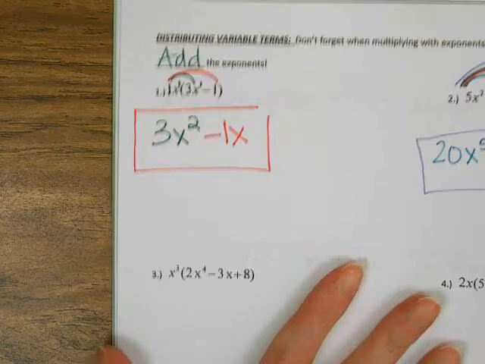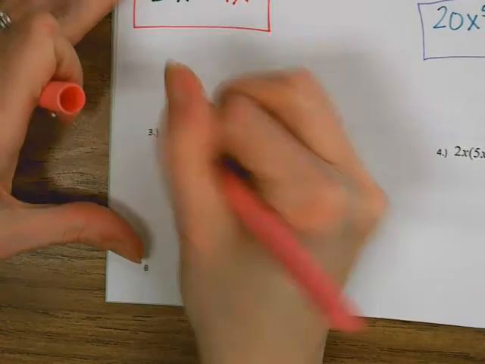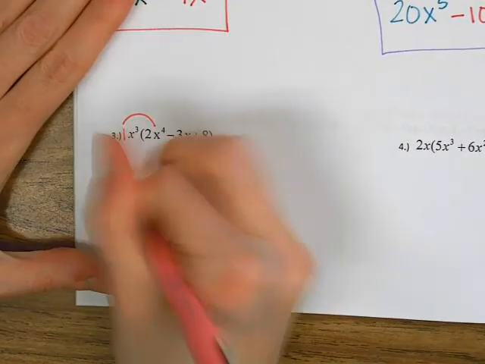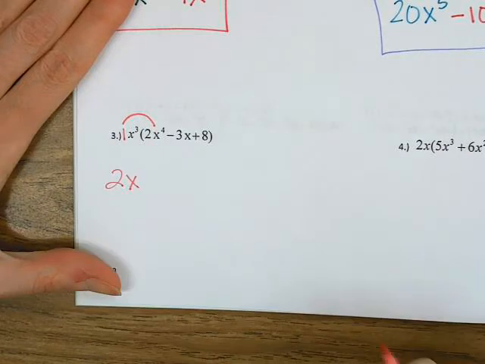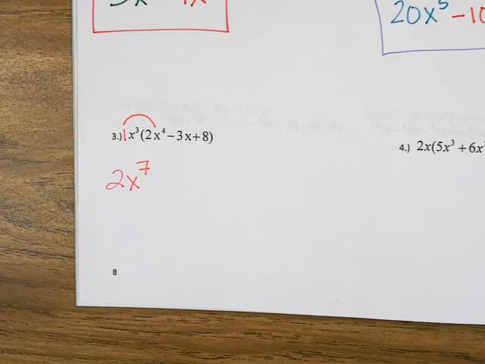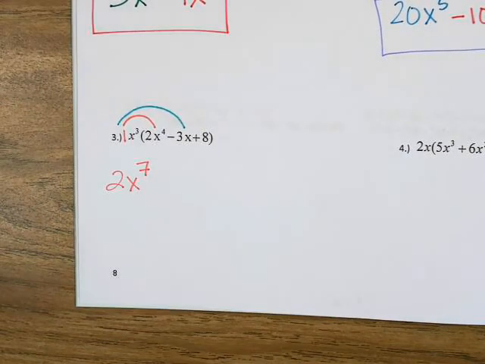All right, moving on, number 3. Multiply numbers, add the powers. What's 1x cubed times 2x to the fourth? So 1 times 2 is 2, and if you add the powers, 3 plus 4 is 7. All right, moving on. 1x cubed times negative 3x.